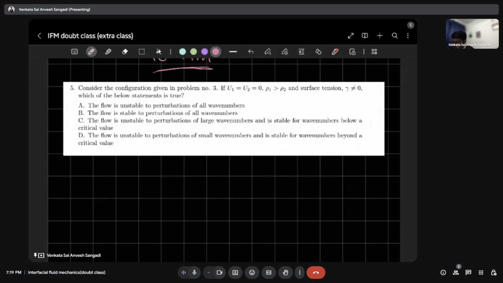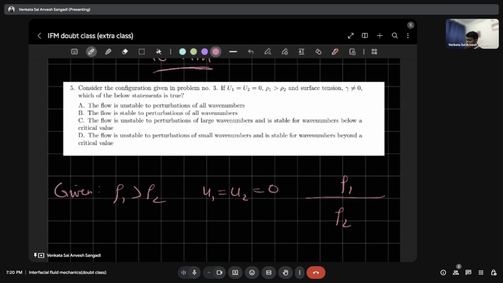If U1 is equal to U2 is equal to 0 and rho 1 is greater than rho 2, that is, the top fluid is denser, and surface tension is not equal to 0, which of the below statements is true? So given rho 1 is greater than rho 2 and U1 is equal to U2 is equal to 0. So the top fluid is much denser.